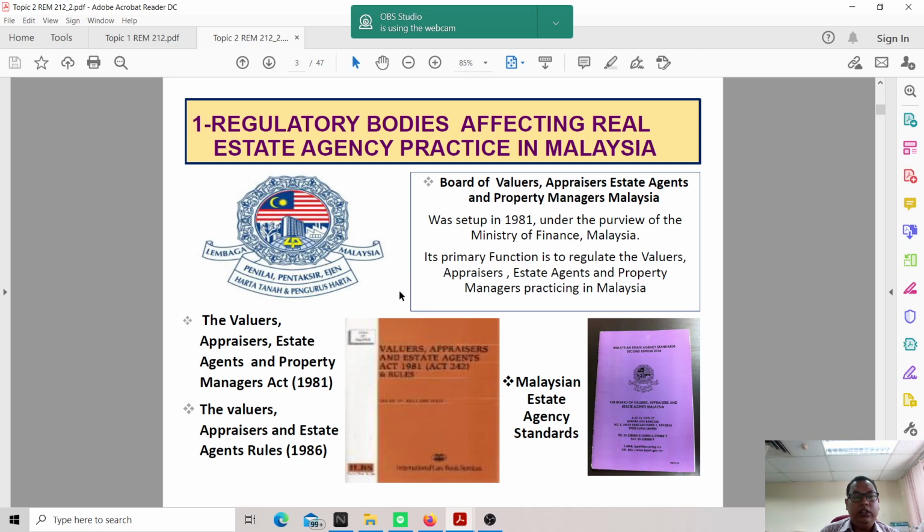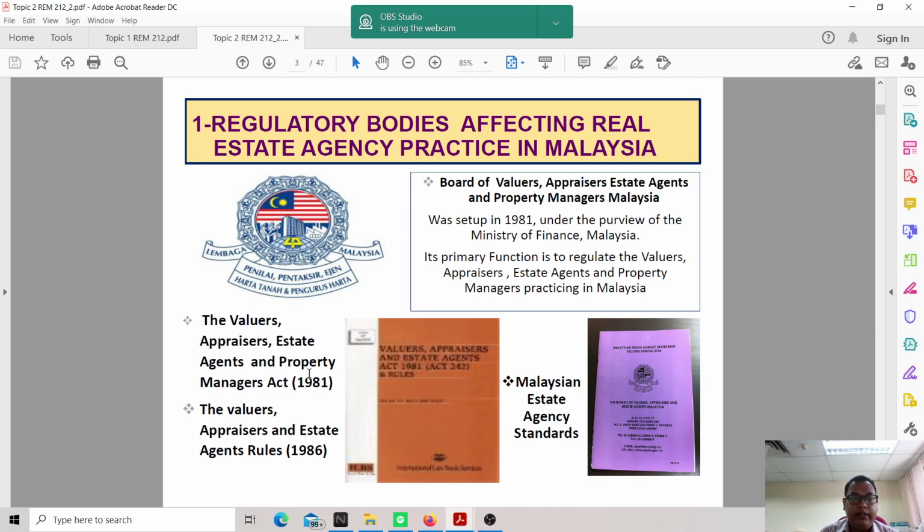Okay, so this is the Act. Like I said to you, you need to purchase this document for you to refer, especially relating to the estate agency sections, whereby it will help give you more understanding of the profession.